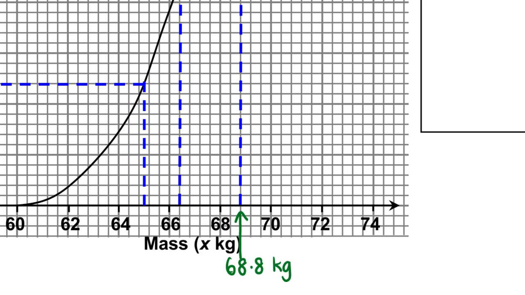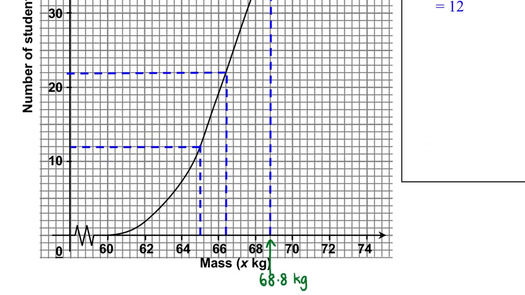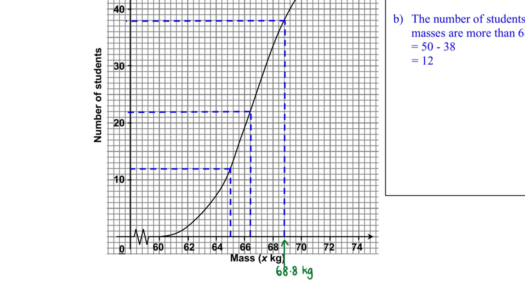Okay, then from here I try to find the number of students whose mass is, in this case, not more than, but less than 68.8. So in this case here is 38.